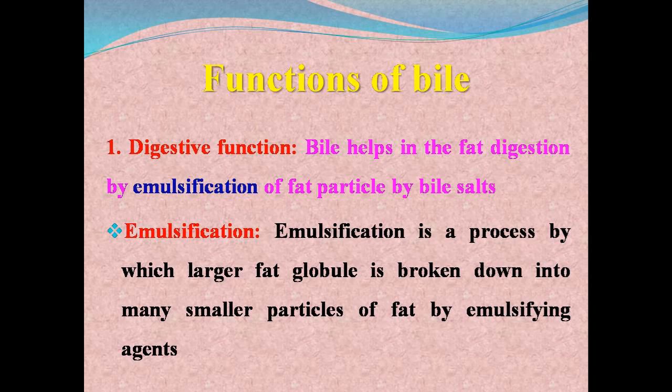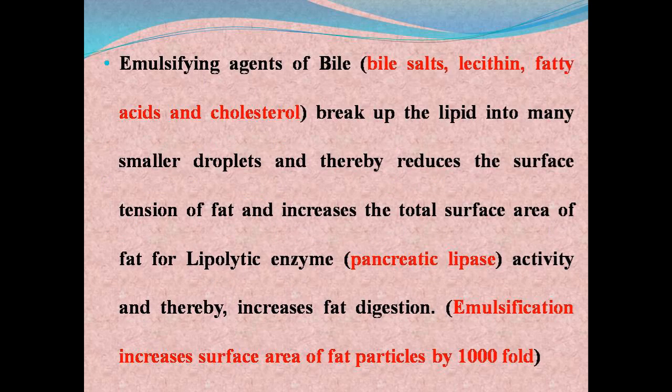What is emulsification? Emulsification is a process by which a larger fat globule is broken down into many smaller particles of fat by emulsifying agents. Emulsifying agents of bile are bile salts, lecithin, fatty acids and cholesterol.